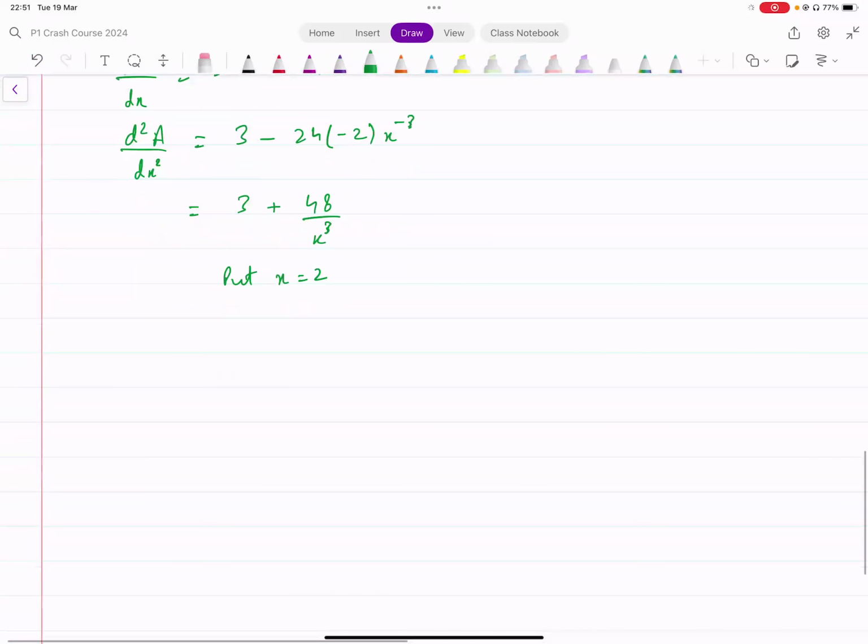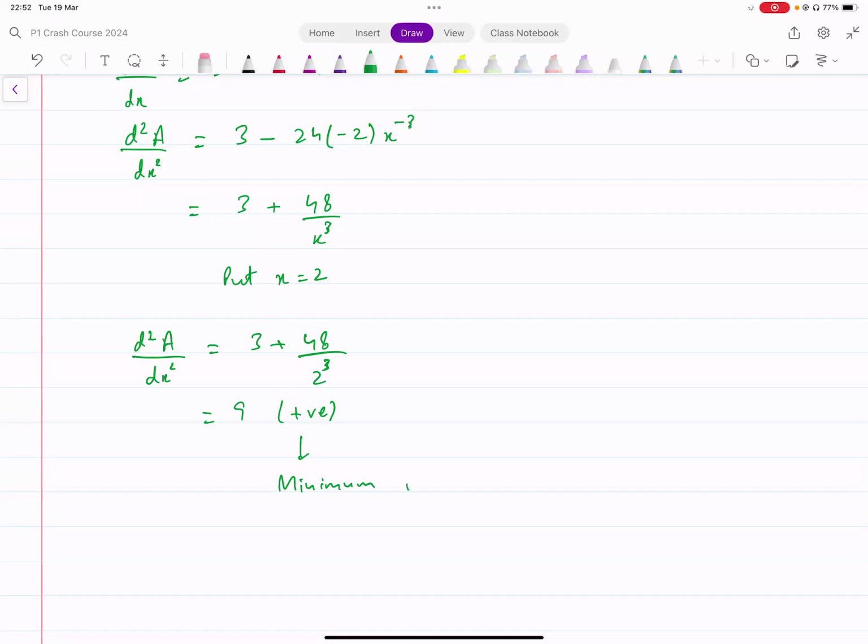And the second derivative, d squared A over dx squared, equals 3 plus 48 over 2 cubed. That's 3 plus 6, and that's 9. It's a positive value. Since it's a positive value, we say we have a minimum value of A when x equals 2.